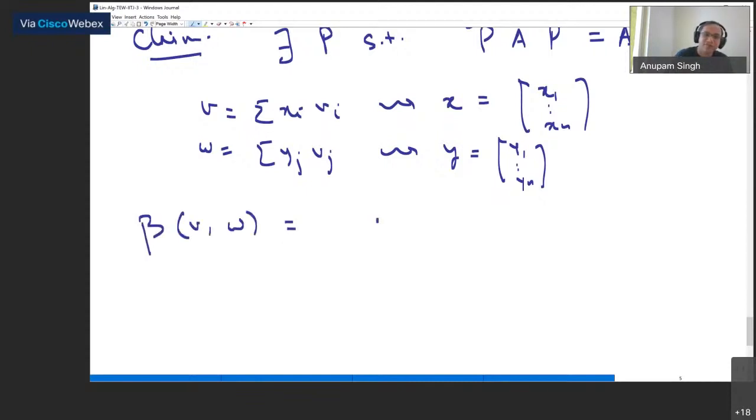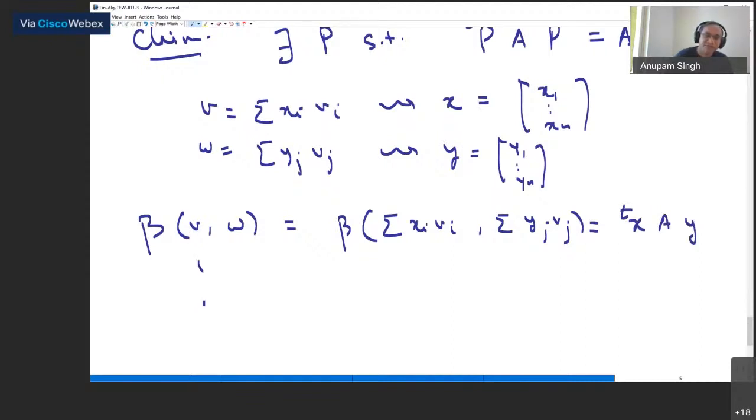Using the first basis, I write this as summation over x_i v_i and summation over y_j v_j, and we have seen earlier that this comes out to be x transpose A y.